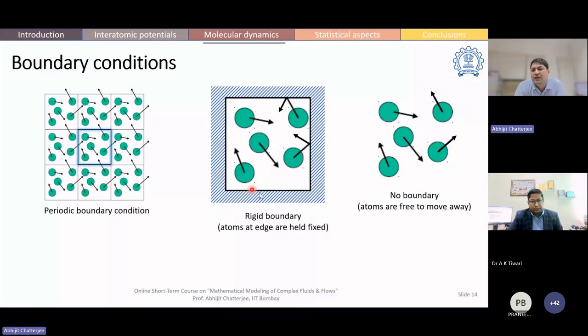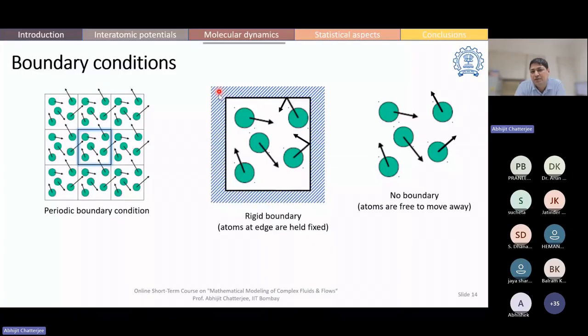Less frequently used are other types of boundary condition, for example, rigid boundary conditions. Here, we have a system of atoms, and in the outer part of the box, we freeze the atoms. So the atoms present in this shaded region do not even move, they're frozen.